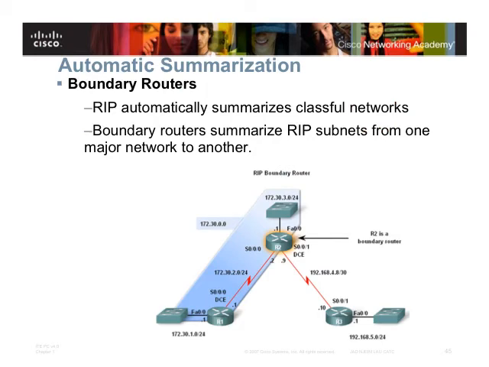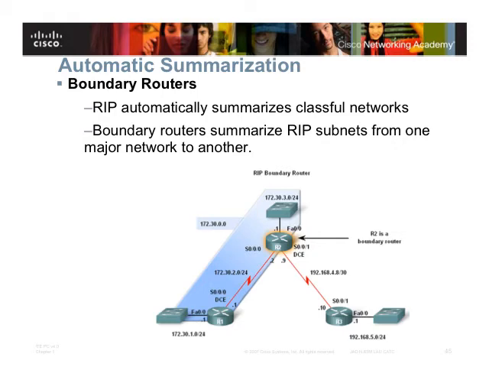Automatic summarization, what it will do is that it will try to group all these 3 subnets into one network which is 172.30.0.0/16.